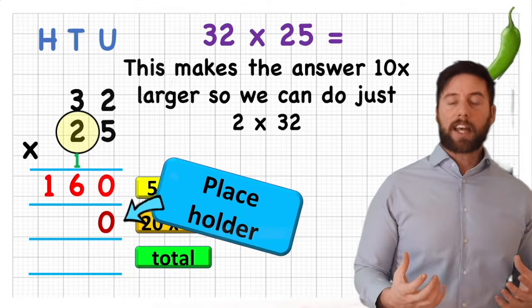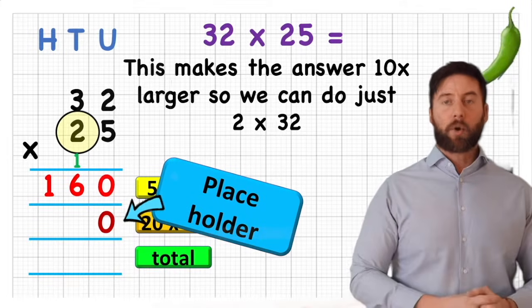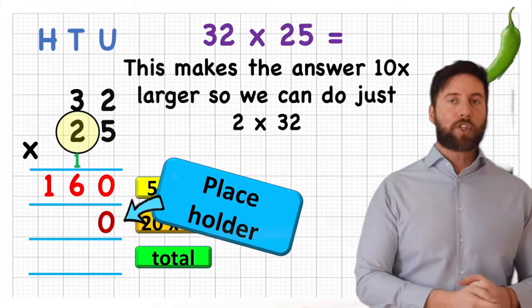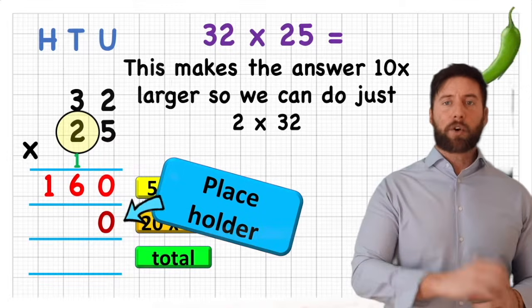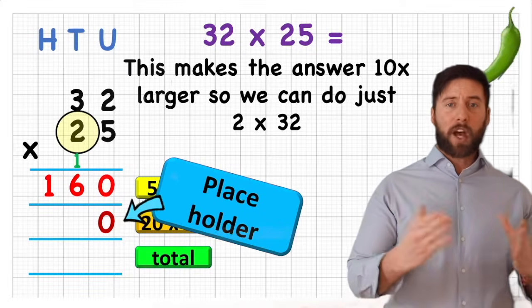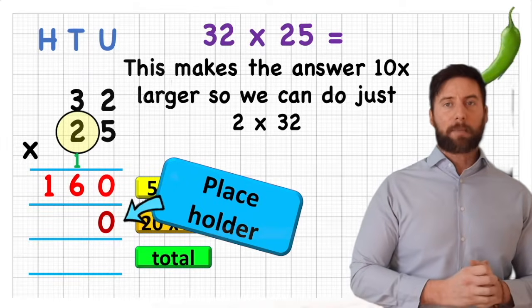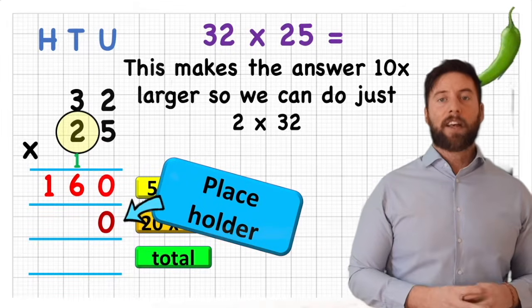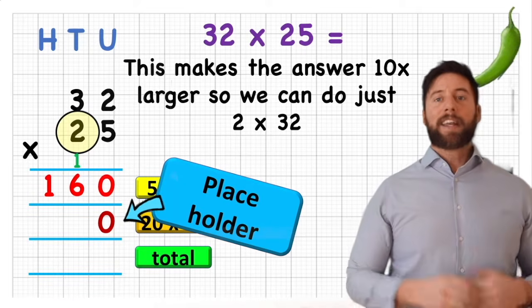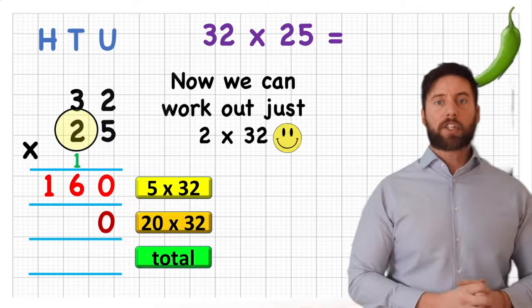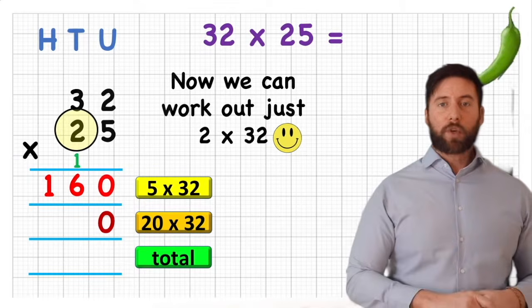So let's make our answer 10 times larger by putting a placeholder. I'm sure you've all done this, but you might not be sure why. Okay, so we're putting this placeholder in there because if we do 2 times 32, we need our answer to actually be 10 times larger than that. Now I can treat it like 2 times 32 again. 2 times 2 is 4.